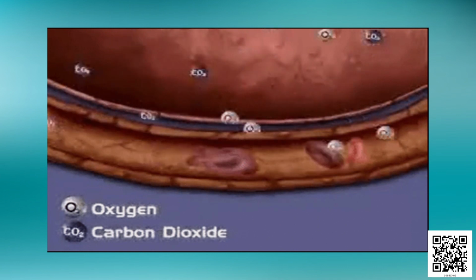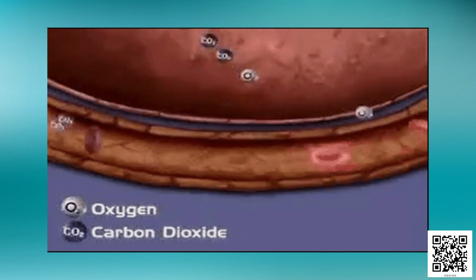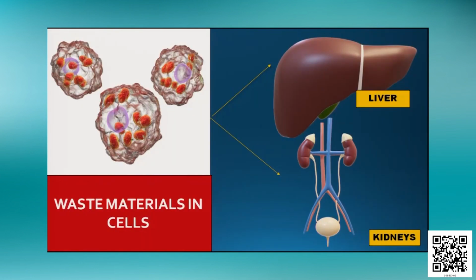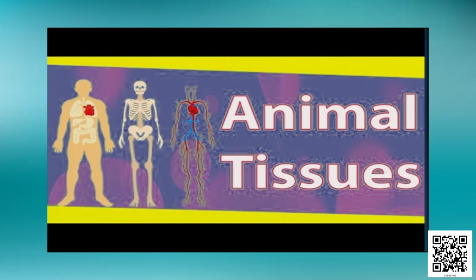The oxygen and the carbon dioxide get exchanged in the lungs. Waste materials are also produced, not sometimes, always, in the cells. Those waste materials are transported to the liver and the kidney for excretion.